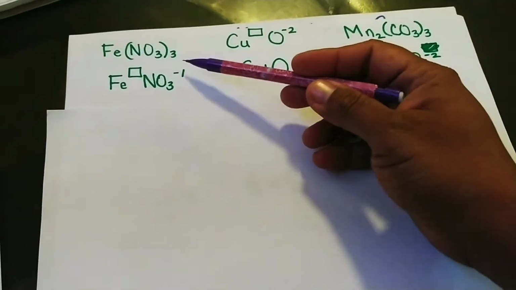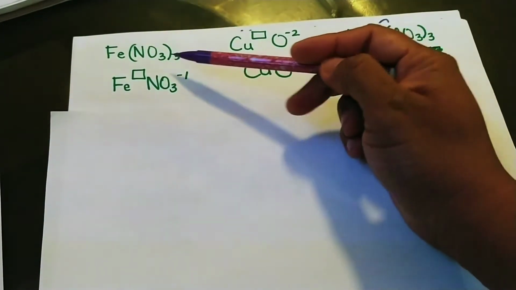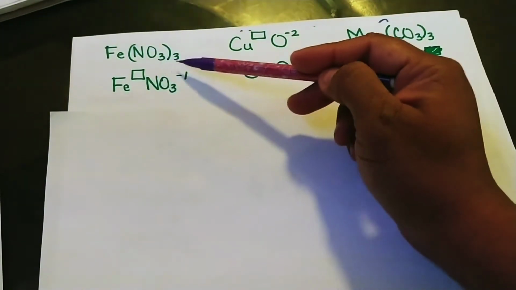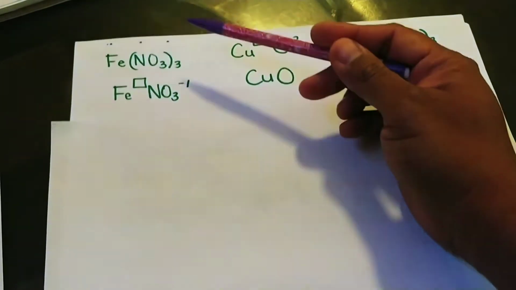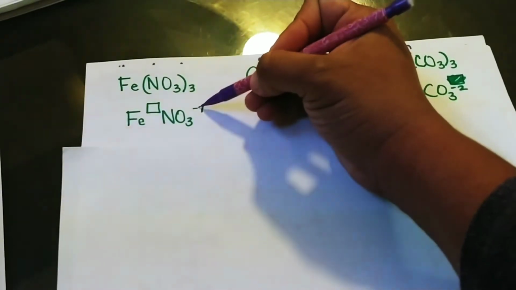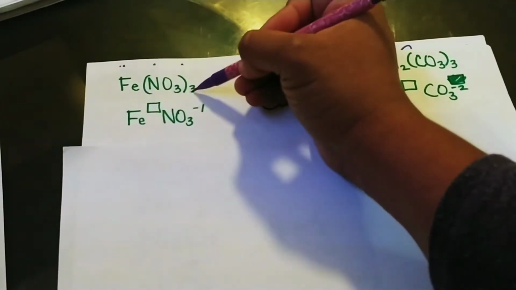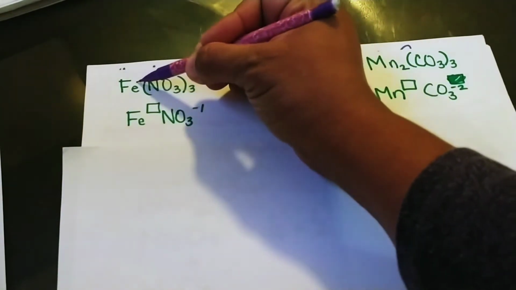Alright, so here you go. You have iron nitrate, which is what you see here. Okay, if you crisscross them back, go backwards, where they came from. We know this was negative 1 because we looked it up. This 3 is outside the parentheses, so that means that this came from the iron.